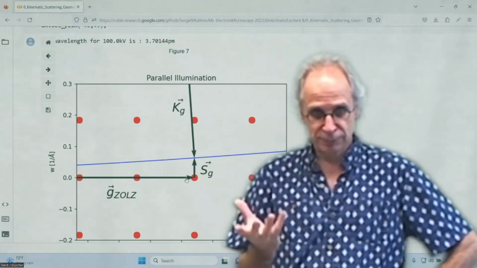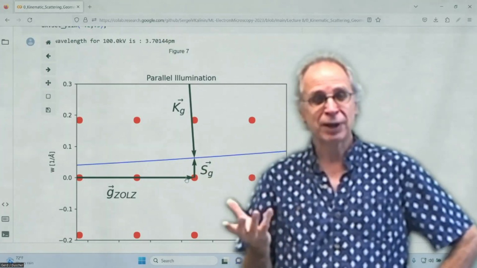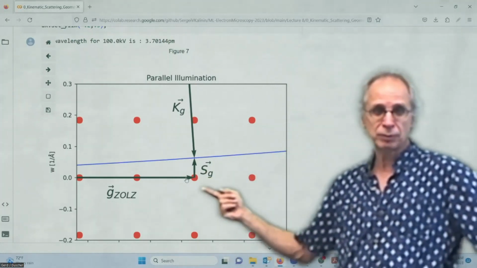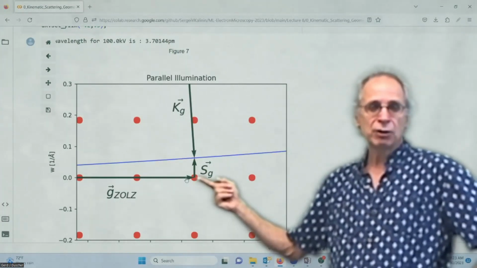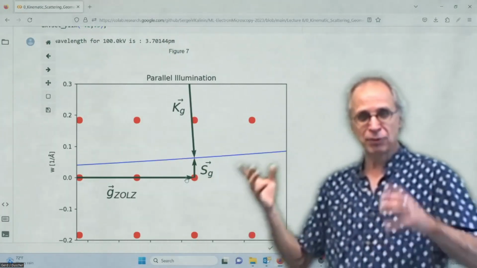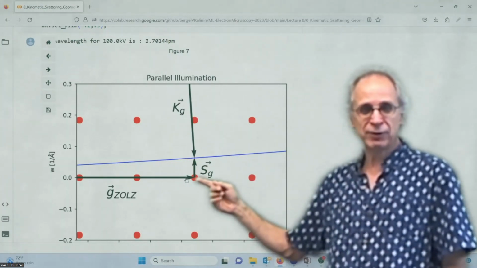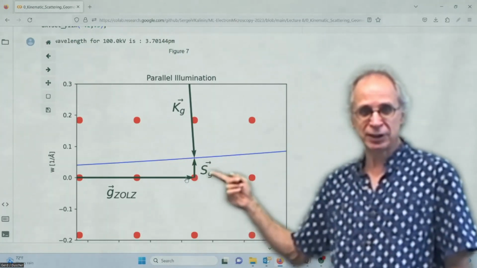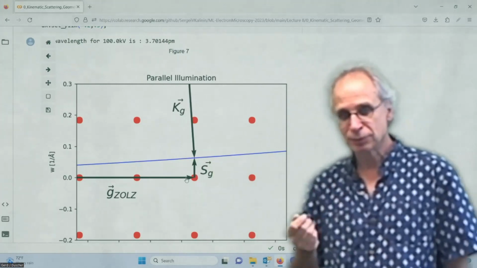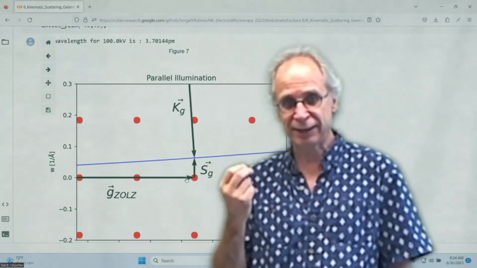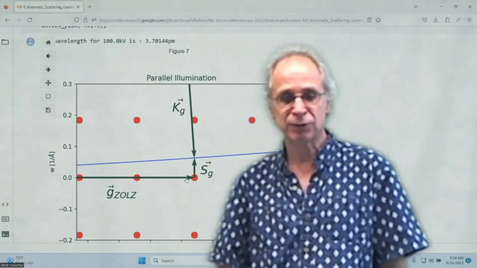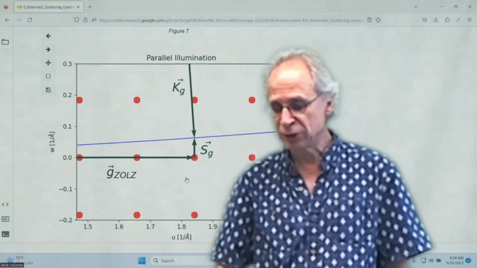And why am I saying that? Because your diffraction pattern in STEM, so the convergent beam electron diffraction pattern, is basically a map of this excitation error. So we're gonna have to understand the importance of that just to do that.